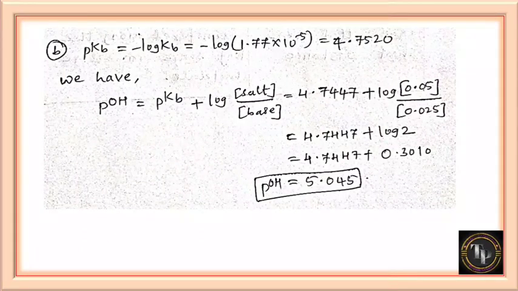Base means NH4OH, value is given 0.025. It is given in the question, guys. So when you divide 0.05 by 0.025, you will get log 2. Log 2 value is 0.3010, and you add it, you will get 5.053. That is pOH. I hope you understood the problem.